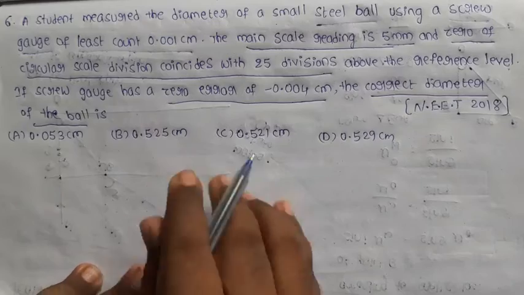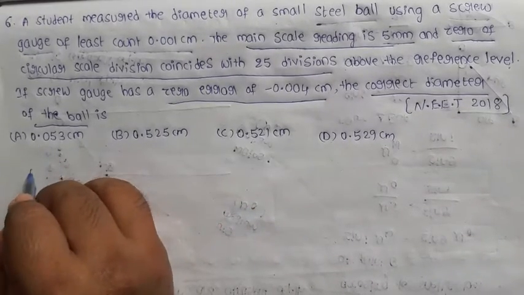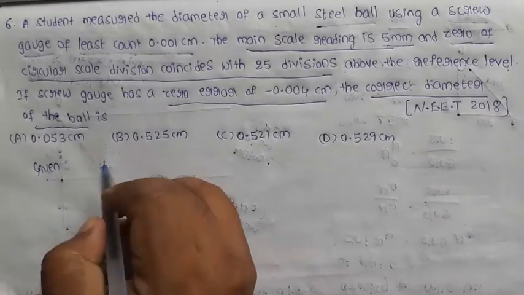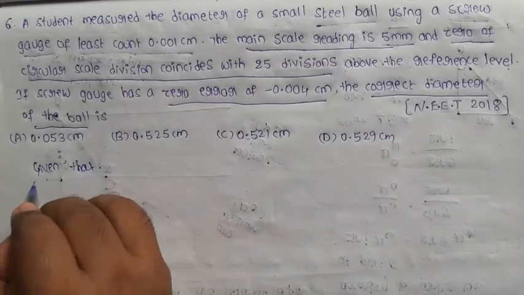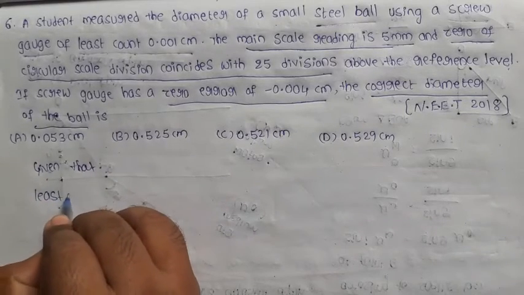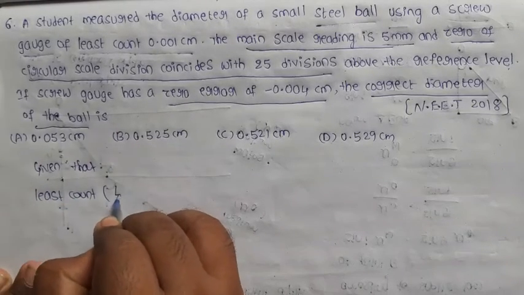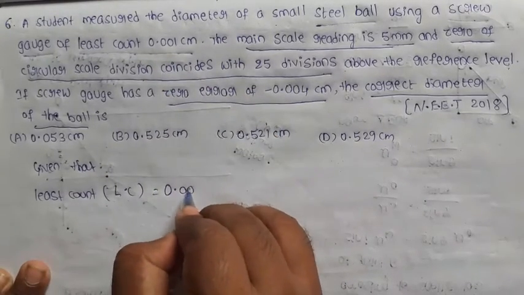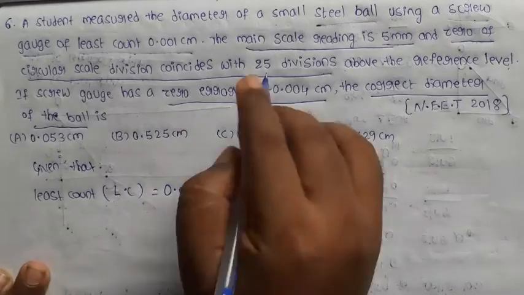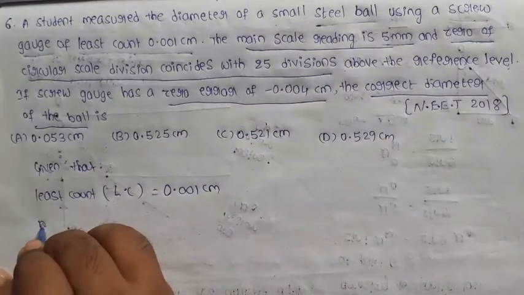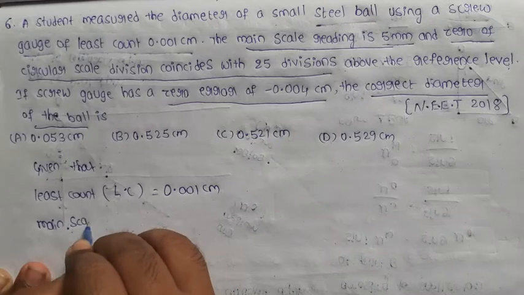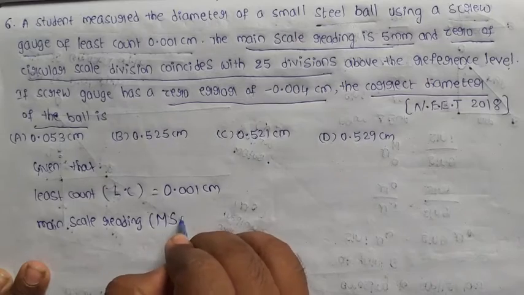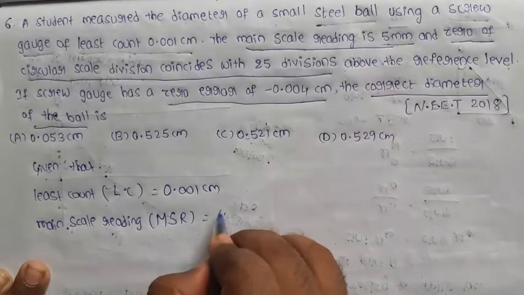Okay. So what are the given data? I am noting down. Given that, the least count of the screw gauge, I am taking as LC, is 0.001 centimeter. Next the main scale reading, I am taking as MSR, that is 5 millimeter.